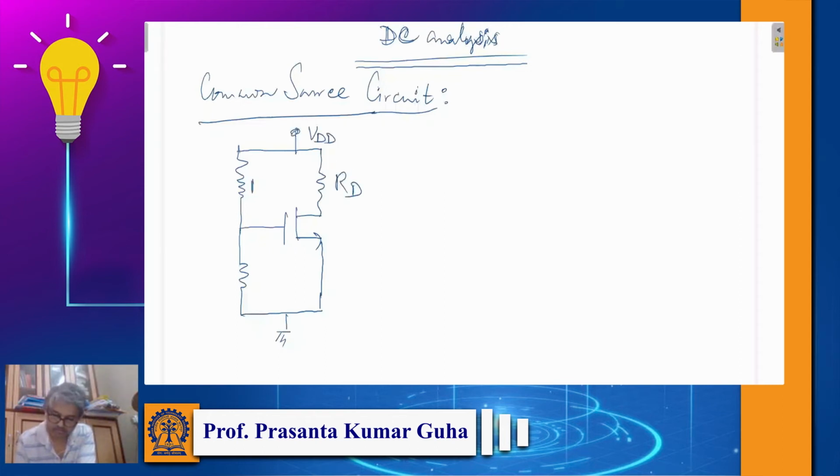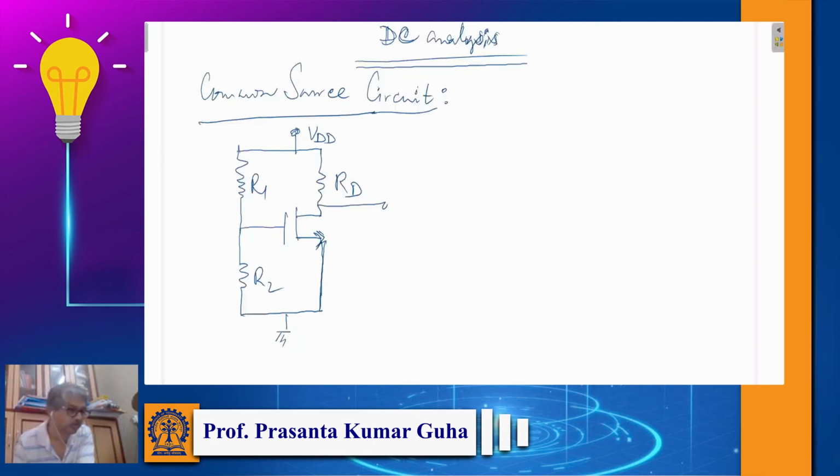This is the supply voltage. One resistor connected to the drain is RD. The source I have grounded, so the source is in between gate and output.